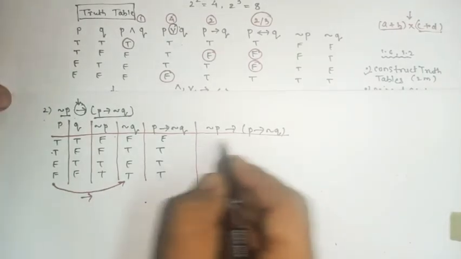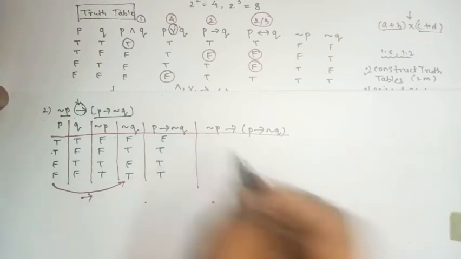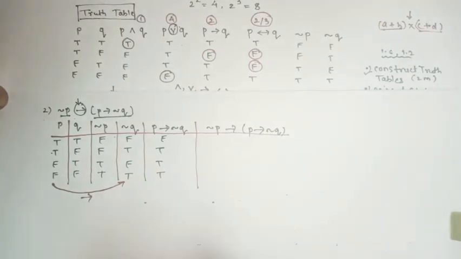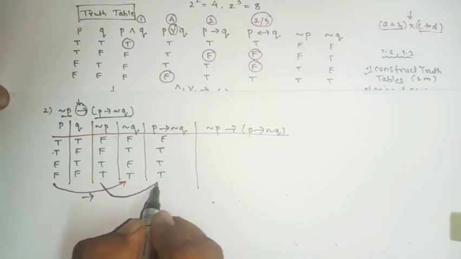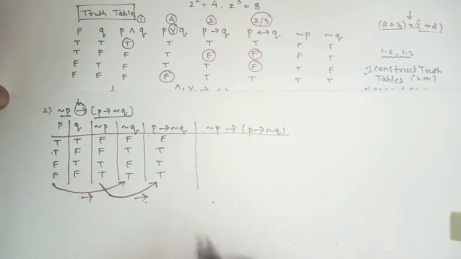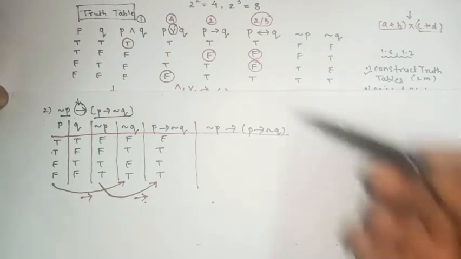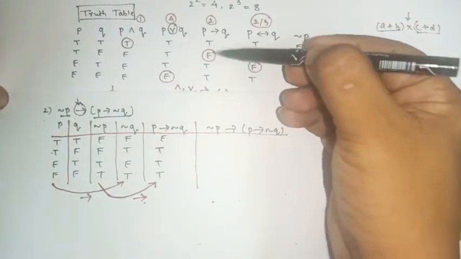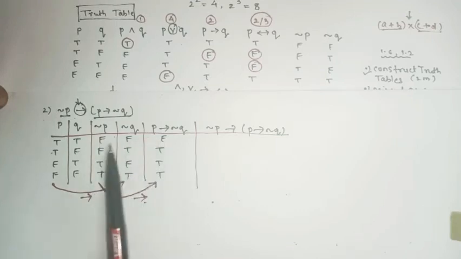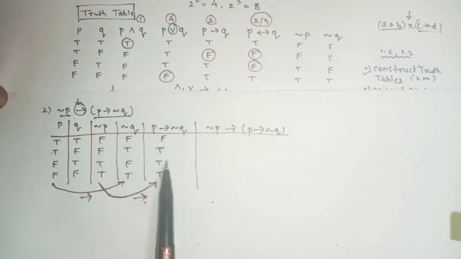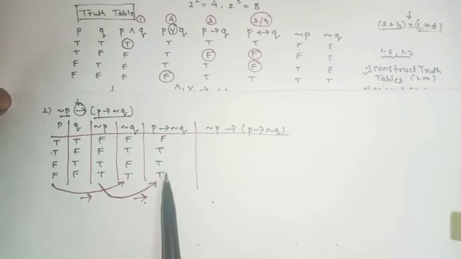Okay, so now the last slot is between negation of P. Where is negation of P? Yes, this, and between this the connection is implies. Again it is implies, so in the second one we will check true to false. True to false, true to false, true to false.